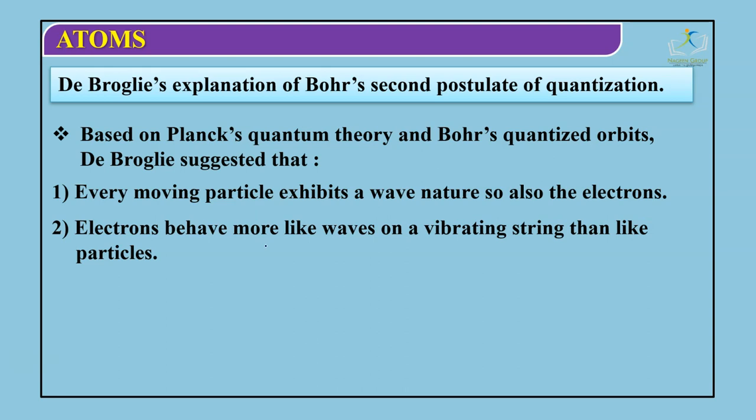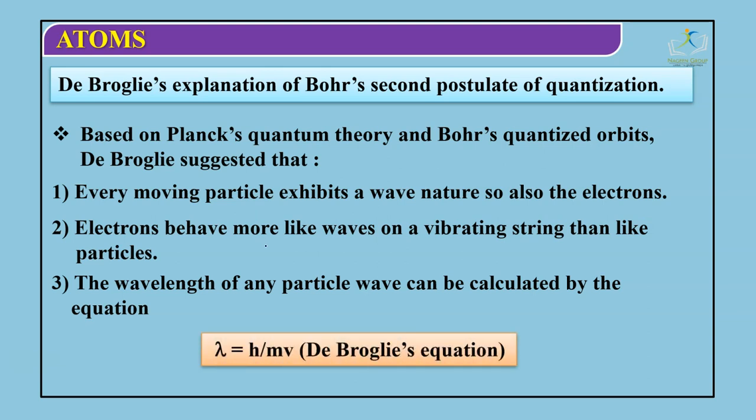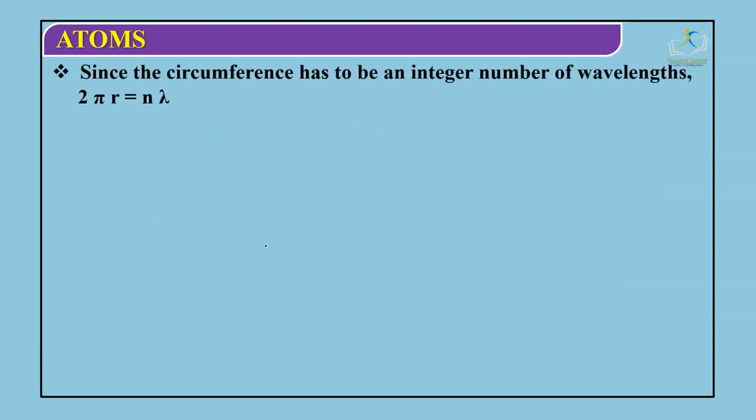Earlier we took the electron as a particle because it has momentum, but after some discoveries we found that electrons behave like a wave on a vibrating string. The wavelength of any particle wave can be calculated by the de Broglie equation: lambda is equal to h by mv.